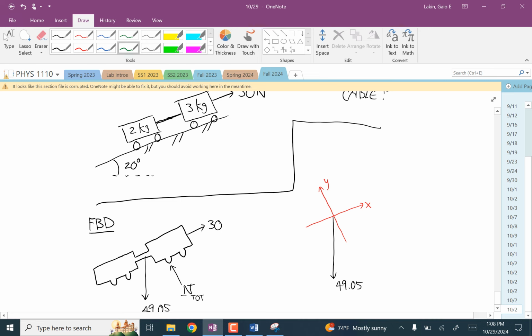The angle from the positive x-axis to the weight force, in this case, is 270 minus 20. So this weight force is 49.05 times the cosine of 250, and then 49.05 times the sine of 250.